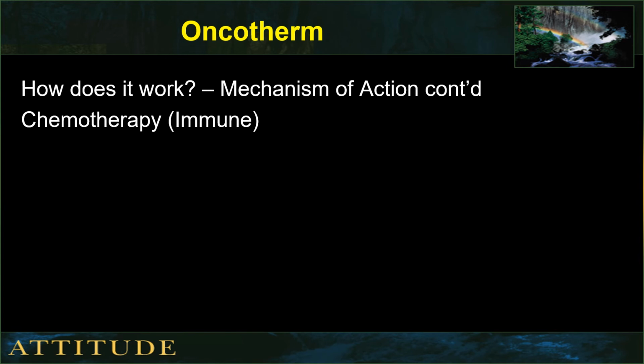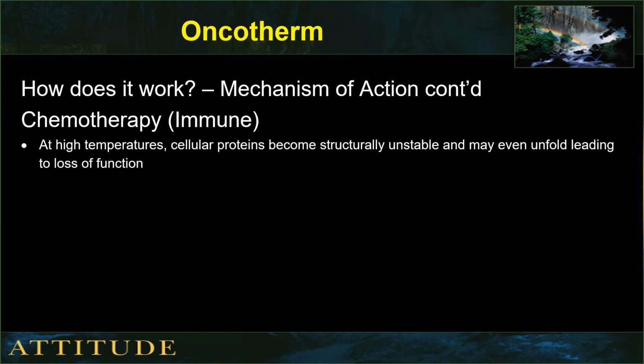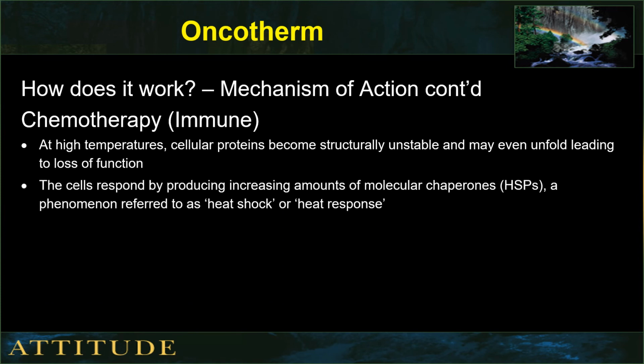Now, the third item where Oncotherm renders its impact is on the immune system itself. So about 2 slides on this, and then it will be done for this online presentation. At high temperatures, cellular proteins become structurally unstable, and they may even start to unfold, leading to a loss of function.